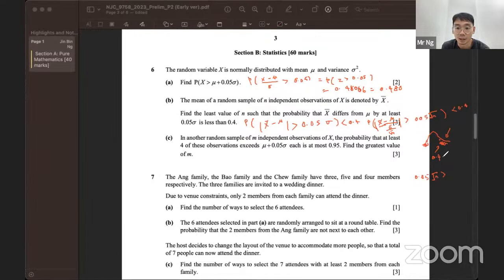So if you do inverse norm, here is 0.2, then 0.2. So inverse norm here is 0.96. Sorry, 0.60.